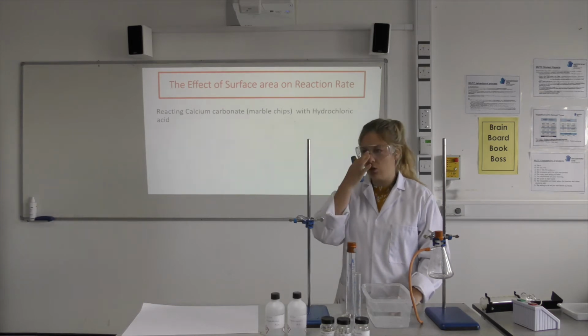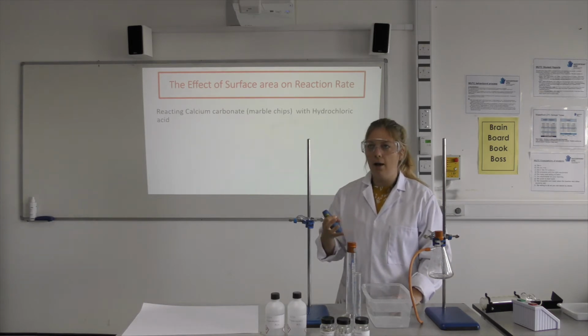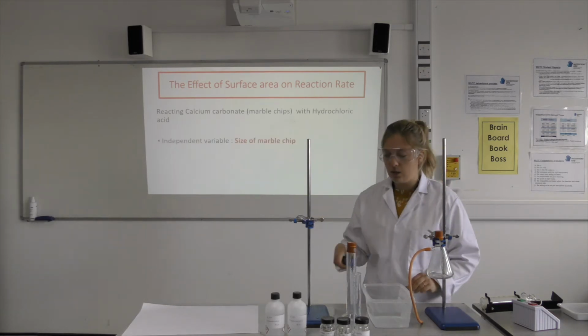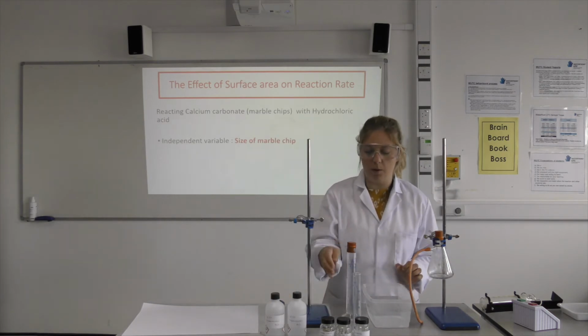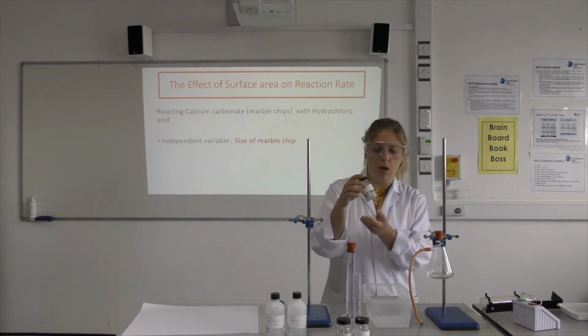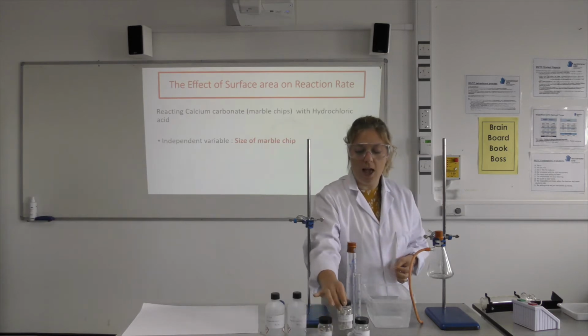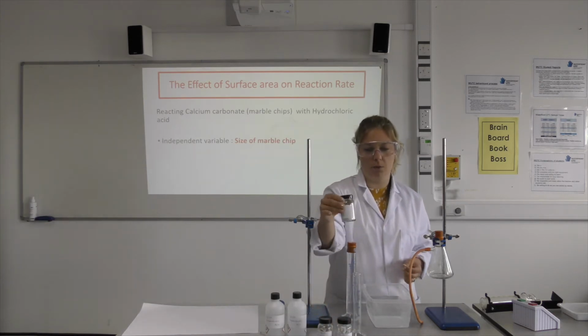Now I want you to already start thinking about how we can change the surface area of our marble chips. What we're going to do is look at different sizes of marble chips. We've got large marble chips, smaller marble chips, and powdered marble chips.